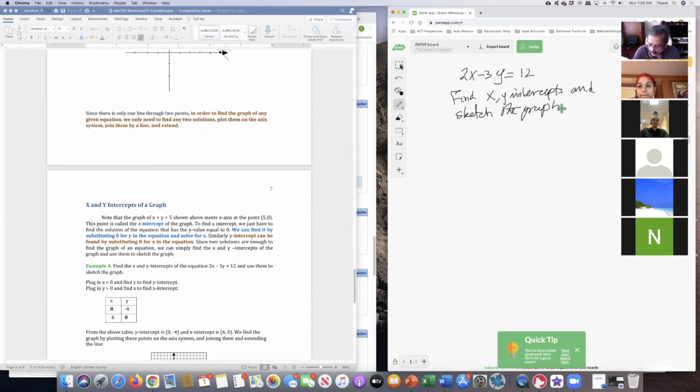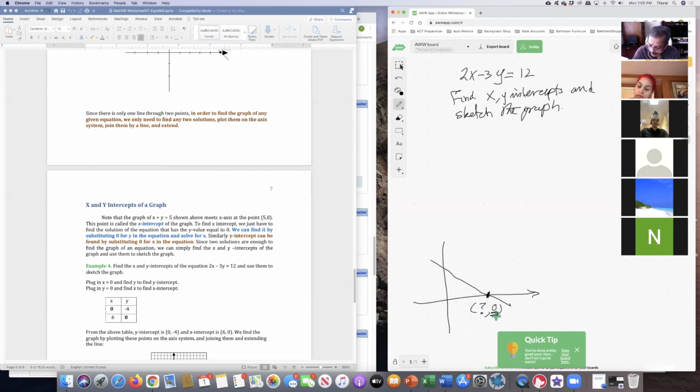As we noted earlier, x-intercept means where the line meets the x-axis, this point. Any point on the x-axis has y-coordinate 0. So the x number is unknown, but the y-coordinate is 0.